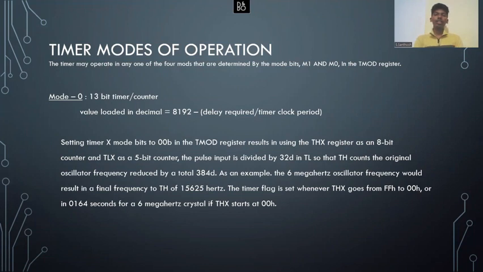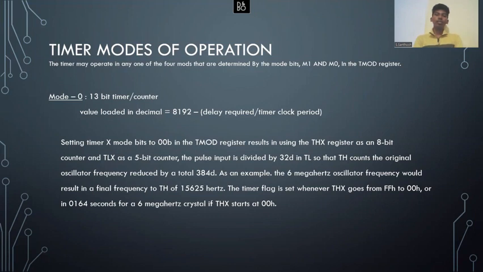And the value loaded in decimal equals, and this is the formula that's given, to choose the TLX and THX values that you will be giving. Timer high and timer low values that you'll be giving into the program are decided using this value loaded in decimal, which is equal to 8192 minus delay required by timer clock period.